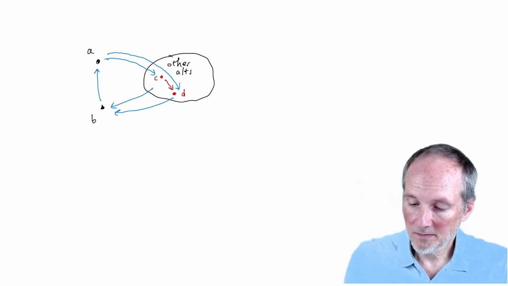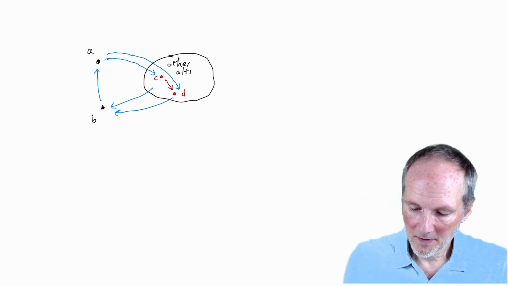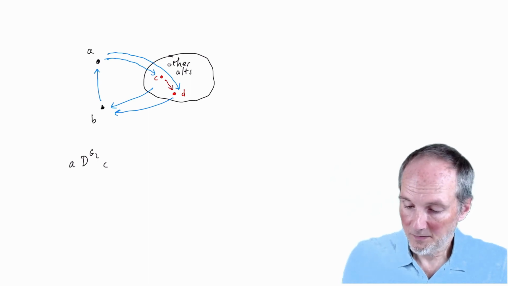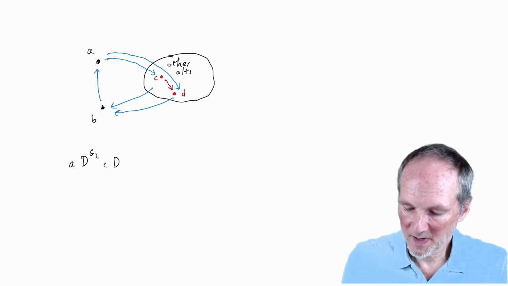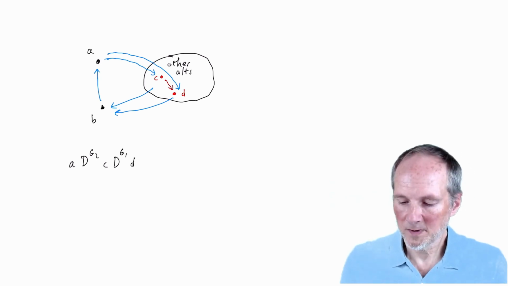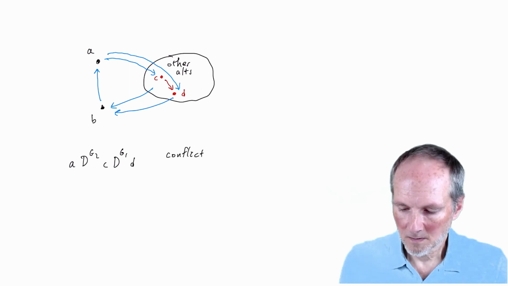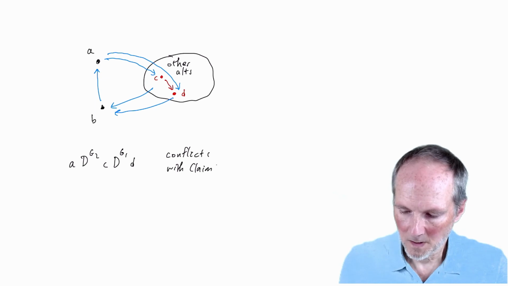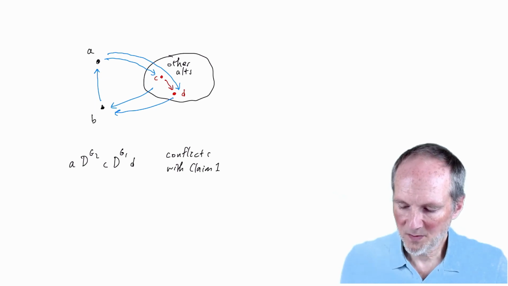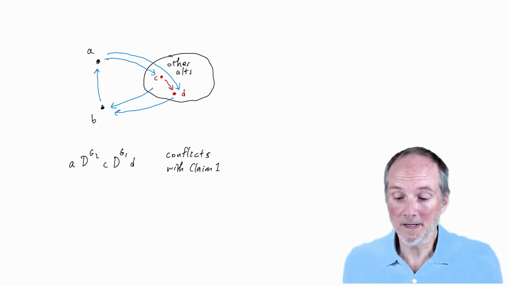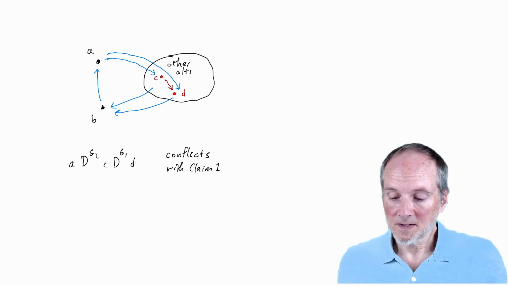In particular, we have G2 decisive for A over C. If we had G1 being decisive for C over D, once again, we would conflict with claim 1. Claim 1 turns out to be a very powerful claim with lots of implications.